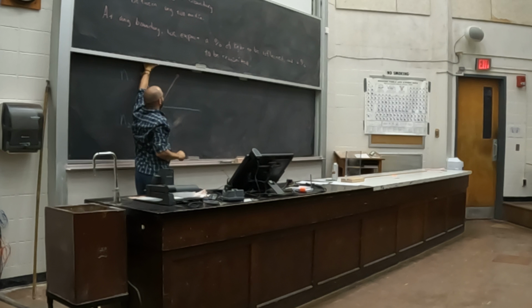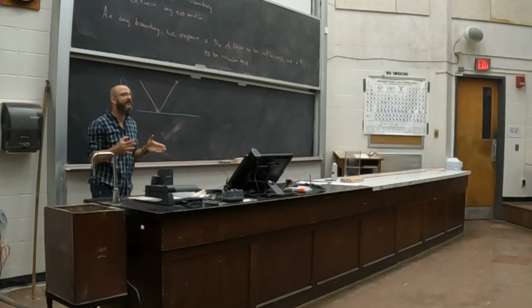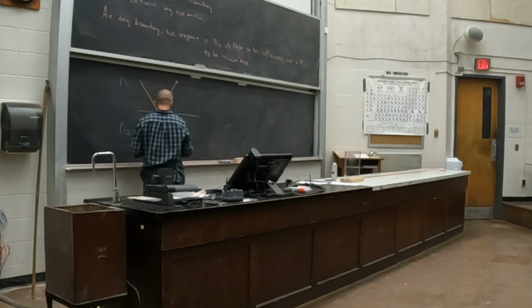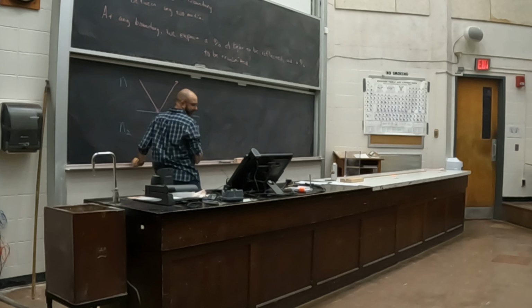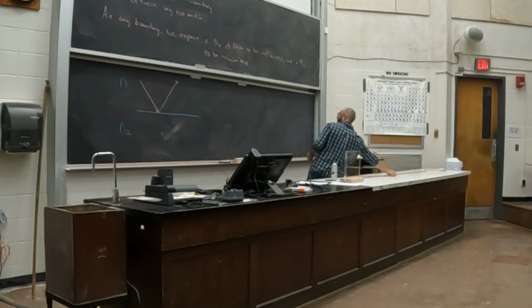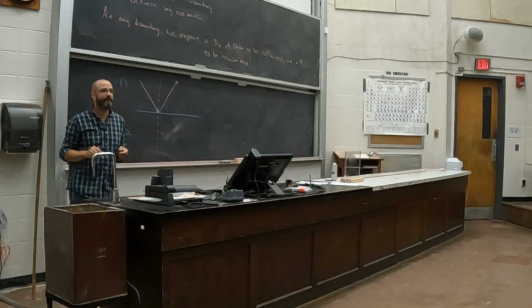To characterize this interaction, we're always going to construct a line normal to the surface. We just call it the normal line from here on out. It's going to look like this.